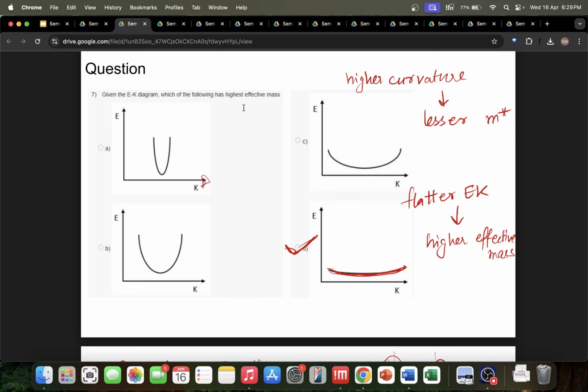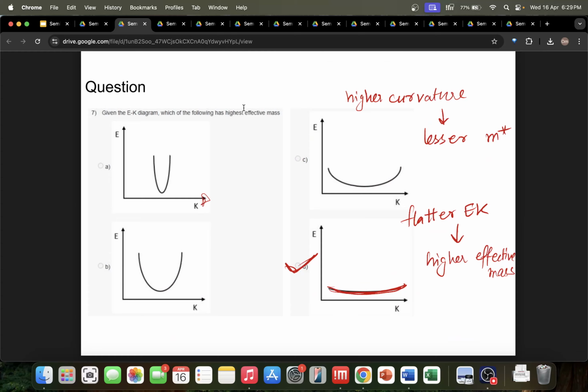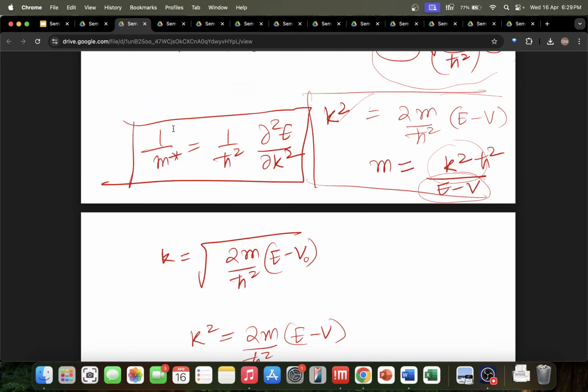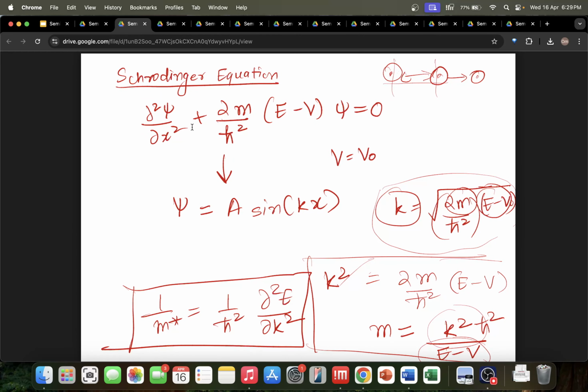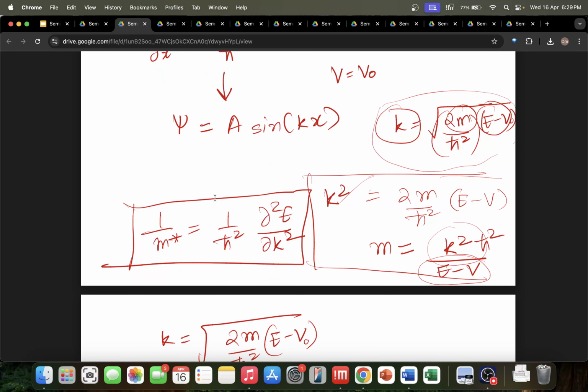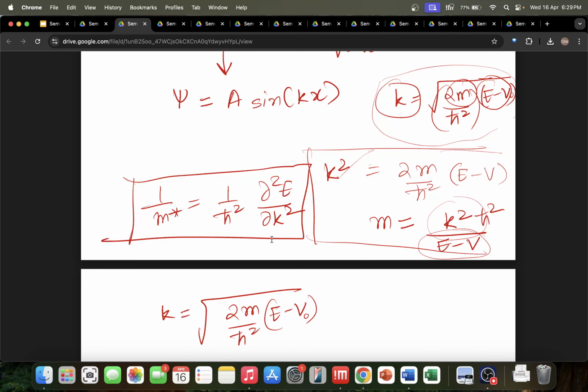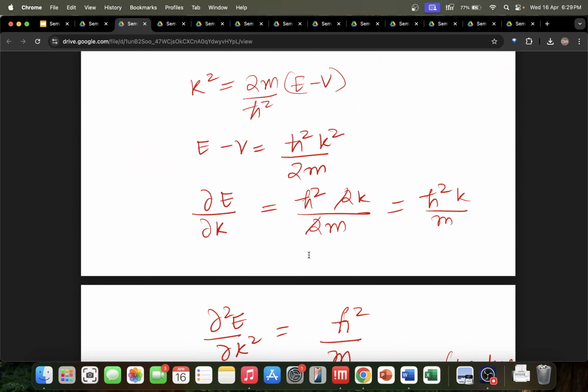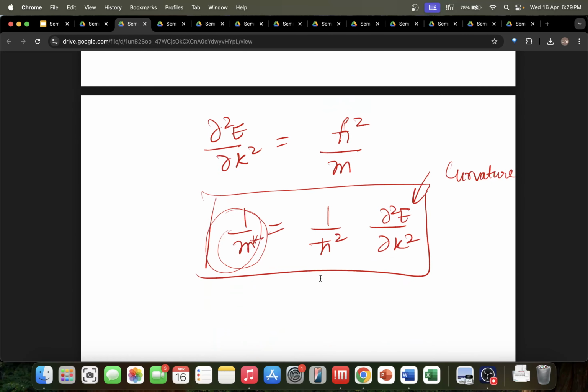We discussed what is effective mass and how do we determine it from the E-k diagram and what is its origin. So we started with Schrodinger's equation, which is a simple 1D time-independent Schrodinger equation. We discussed the origin of effective mass, its dependency on the curvature, and we came across this: del 2 E by del k square is the curvature.